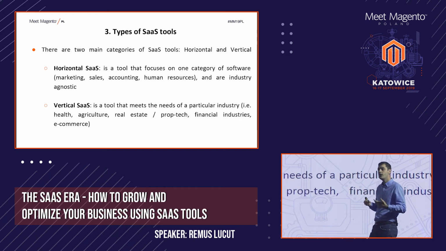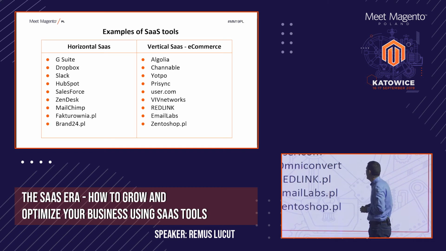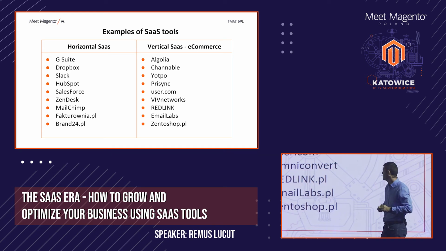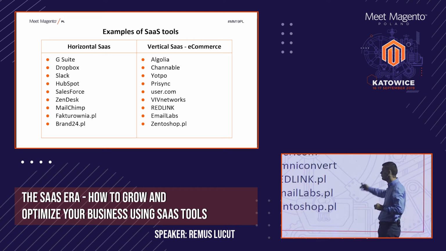And since we are at an e-commerce event, I would obviously love to discuss some SaaS tools in the e-commerce field, because that might give you an advantage. And if you look here, there is a short list of some horizontal SaaS that you may use, the ones on the left side, and the vertical SaaS. And I've chosen here some companies even from the Polish market.